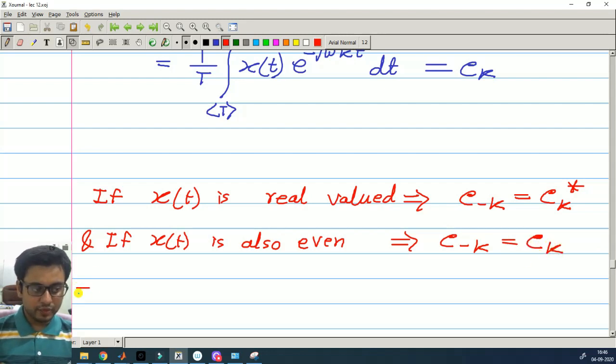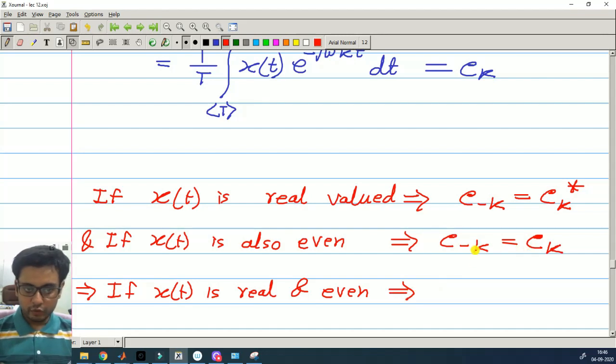So this implies if x(t) is a real valued function and also an even function, then we will have c k and c k star being equal. So c k will be equal to c k star.